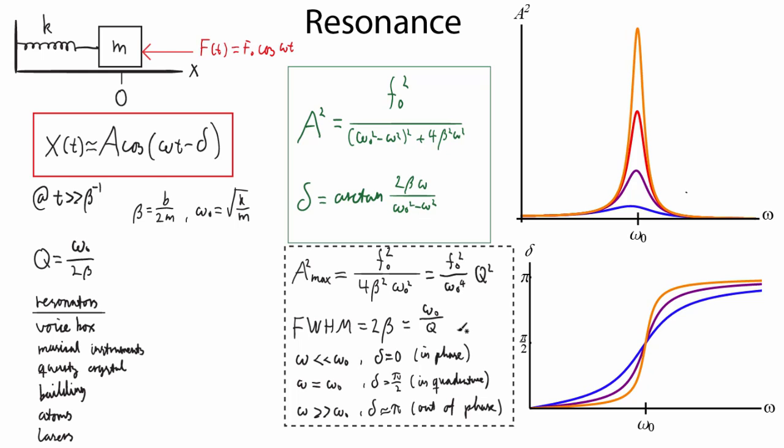Now, when you look at an actual mechanical system, generally it doesn't have just one resonance. It has multiple resonances. And in fact, what gives a musical instrument the particular sound that it has is the set of resonances that it possesses, at least in part. The other factor that gives a musical instrument the sound that it has is the driving force.